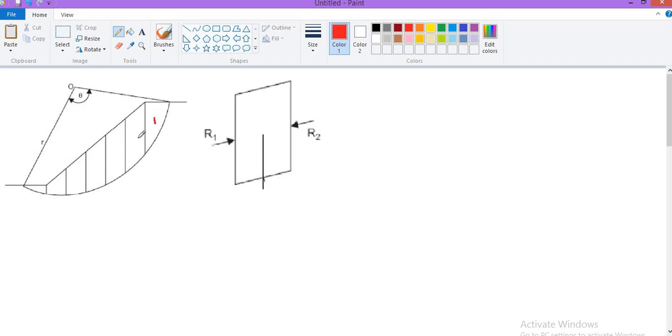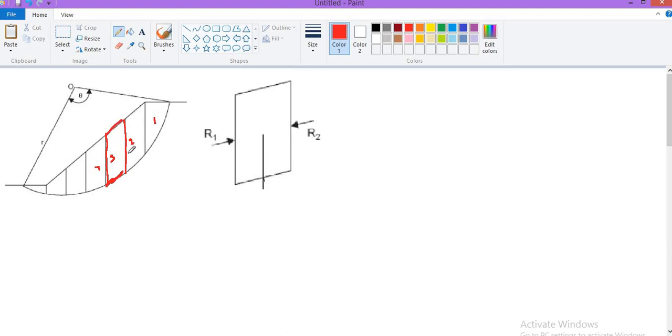This is one slice, like 2, 3, 4. Likewise we can divide this into several slices. In general we can select one slice, let's say this one, slice number 3, and assess the stability of this slice.